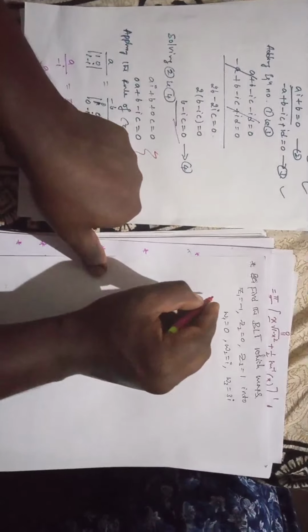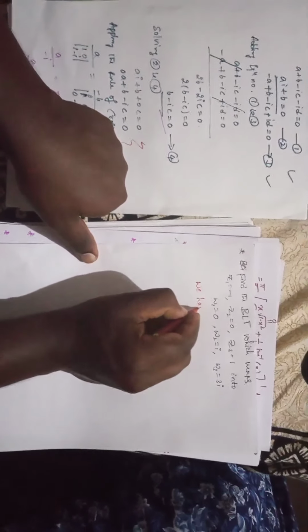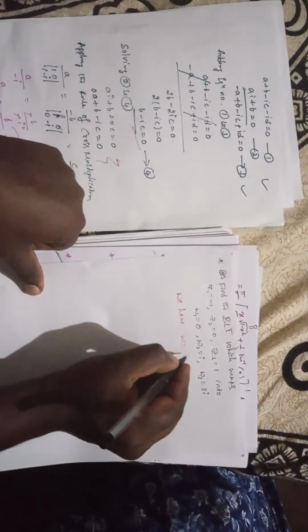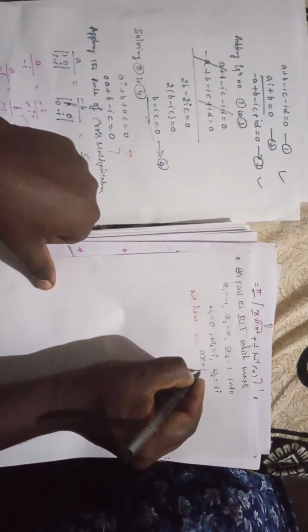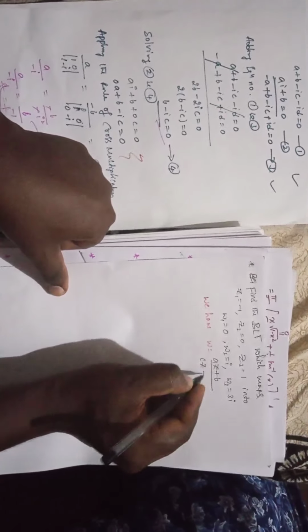Here also we have to assume the standard equation. So we have w equal to (az + b)/(cz + d).